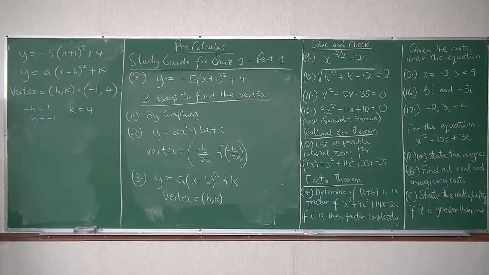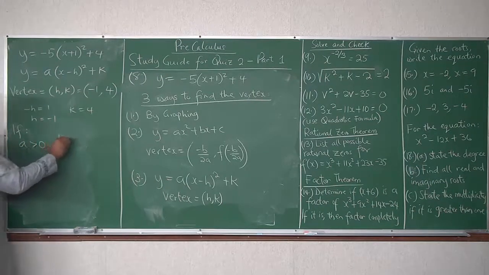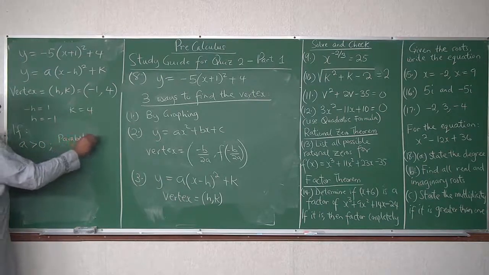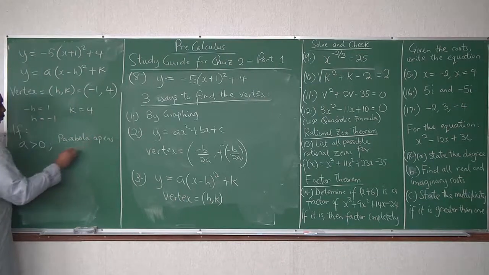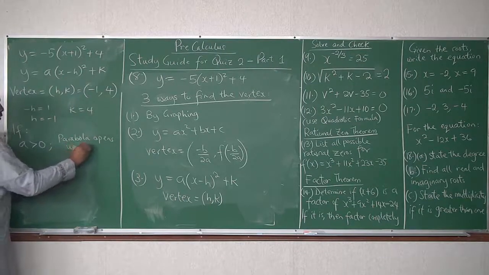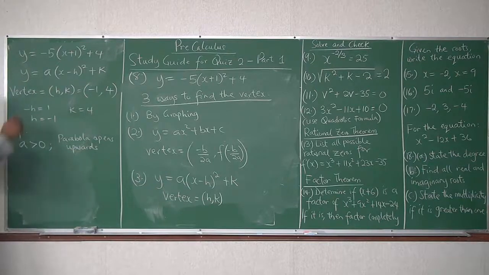Okay? By visual comparison. And of course, you know that if a is greater than 0, then the parabola opens upwards. But your a is negative 5.